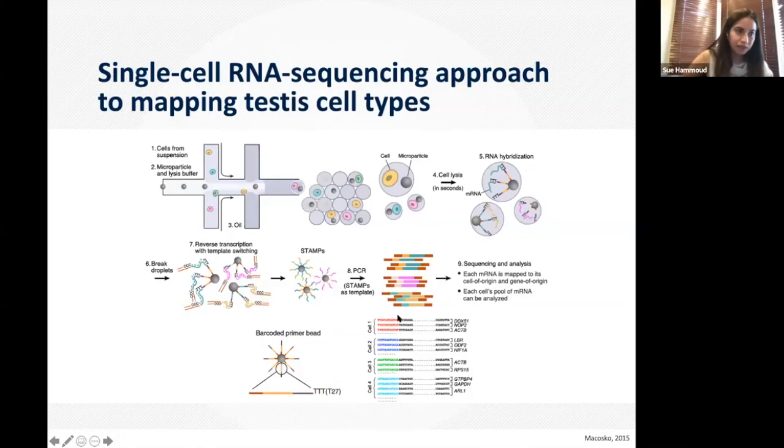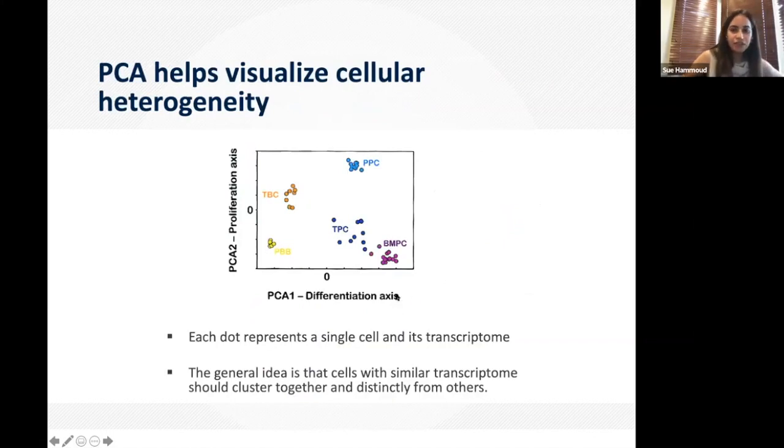To visualize the single-cell RNA-seq data, what we typically use, and I'm going to be showing a lot of them in this talk, are PCA plots, or principal component analysis, which reduces high-dimensionality data into 2D space. What I'm showing here is a PCA plot of a random cell type, where the individual circles represent a cell and its transcriptome.